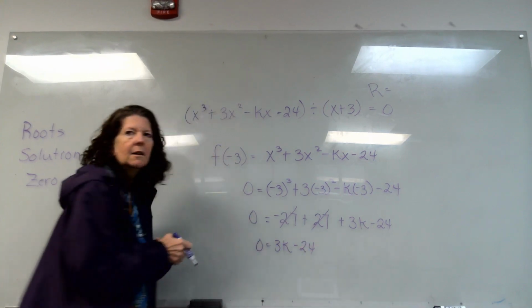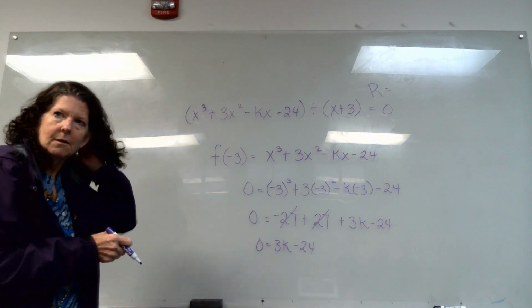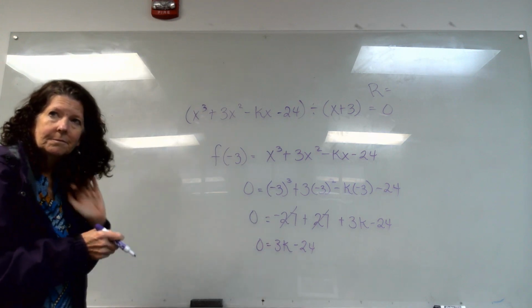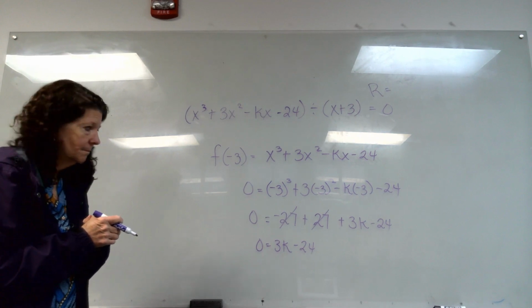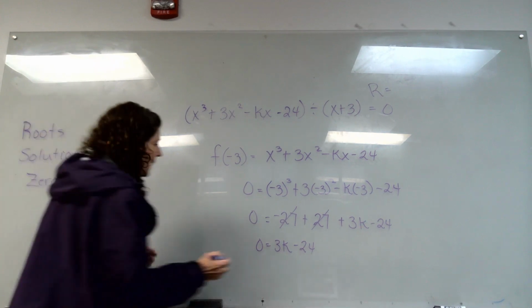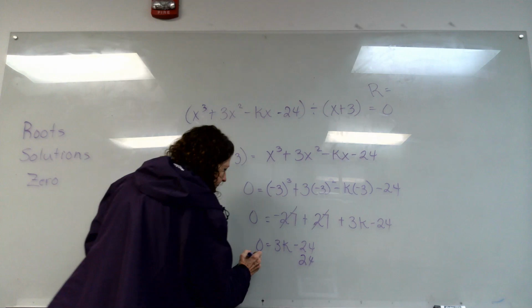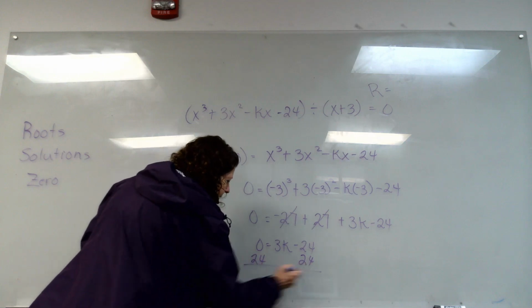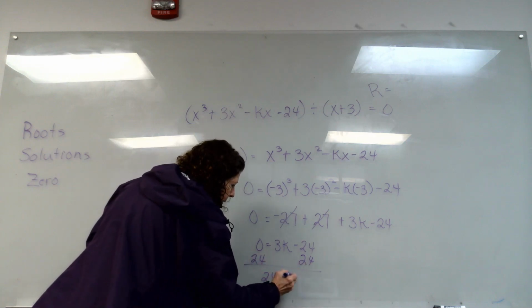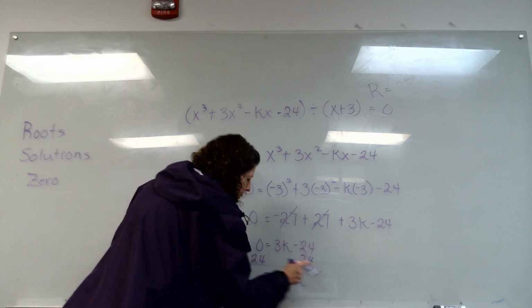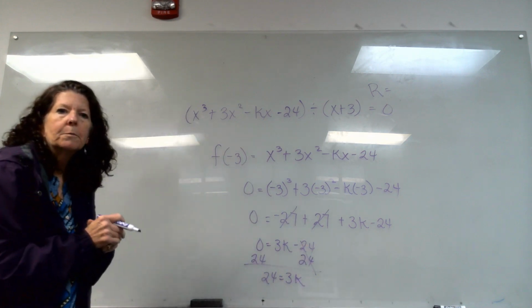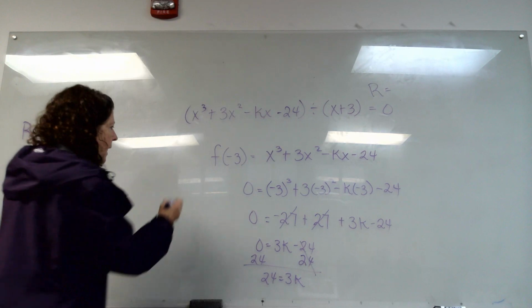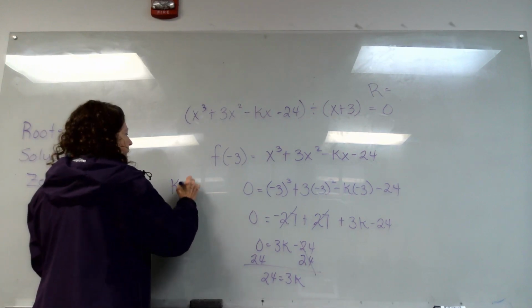How do you think I'm going to figure out what k is? When you take it, plus 24. Exactly. You're just solving for it. So I've got 24 is equal to 3k. What is k going to equal since I'm out of room? 8. Okay, so k equals 8.